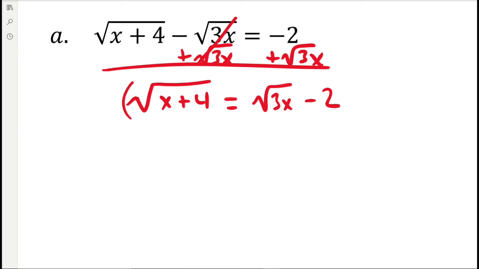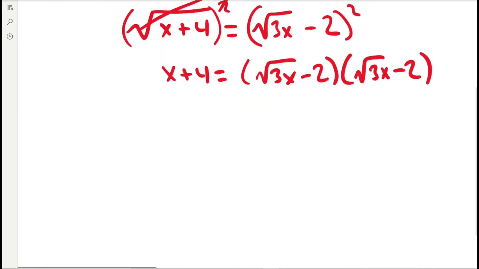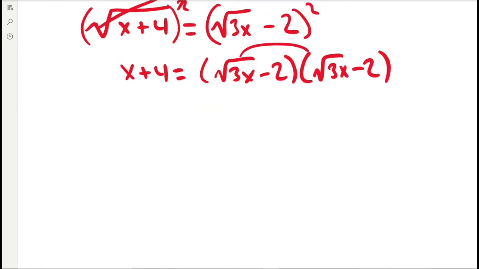So now we're going to square both sides to get rid of that square root. So this cancels. You get x plus 4 equals, now you can't cancel this out. It's tempting to cancel that out, but we can't do that because this is a FOIL. So I'm going to write this out so that I have two of them, like that. Okay, so let's do first: square root of 3x times square root of 3x is the square root of 3x squared, and these cancel out, leaving you with 3x.